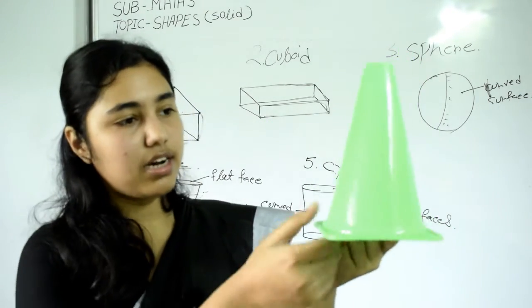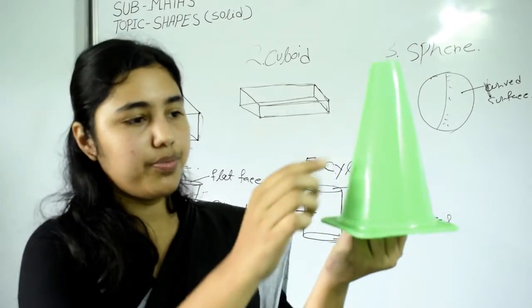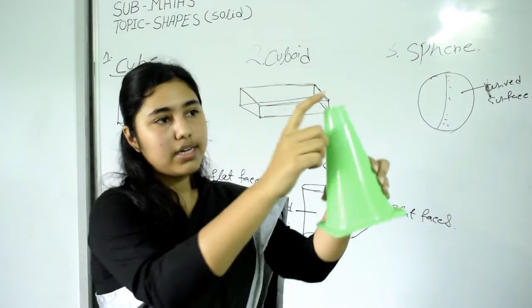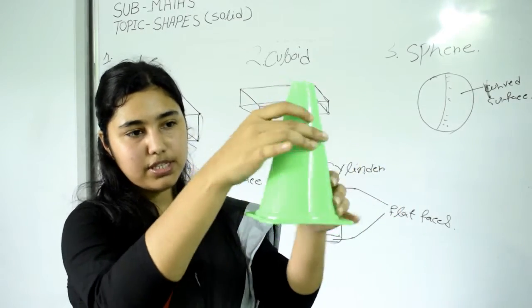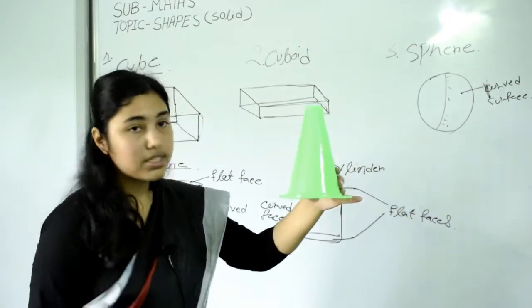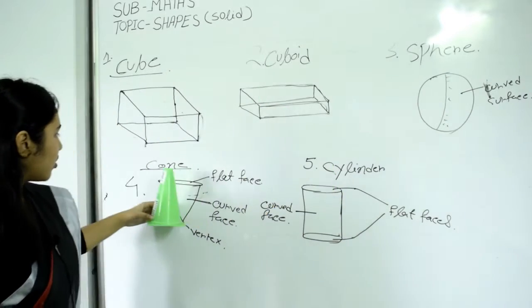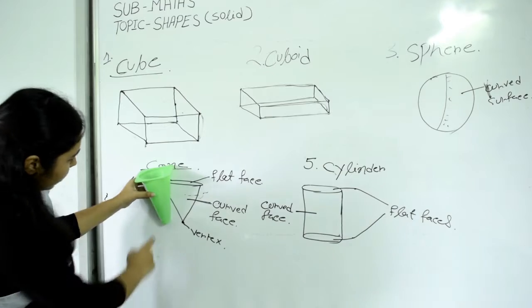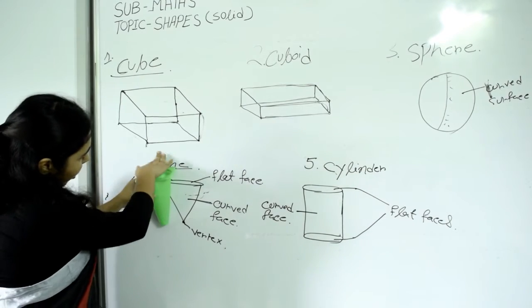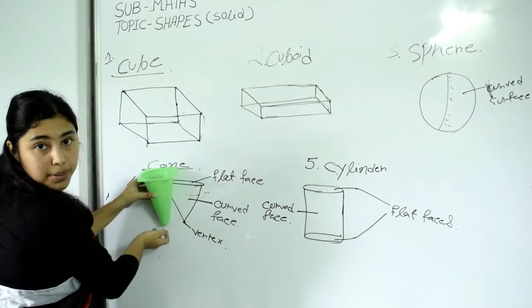Next, consider this cone. Here it has one vertex and one curved surface, right? So this is an example of a cone. You can put it like this. Okay, so one curved face, one flat face and one vertex.